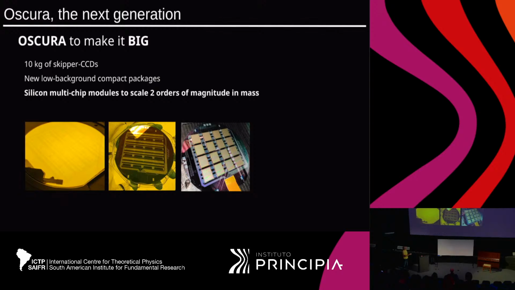This is more like an LHC-like effort in which you have to go to a production mode and fabricate a ton of detectors, have thousands of channels, and multiplex and read out everything. Here is one of the prototype modules with 16 CCDs in one single module. And Anna has also been working a lot on this, so ask Anna about Oscura if you are interested.